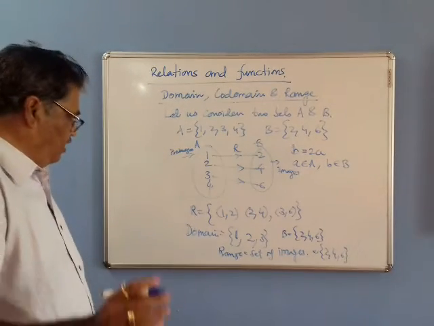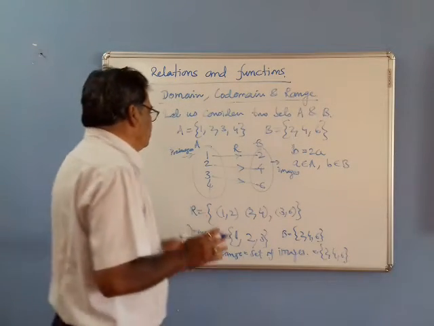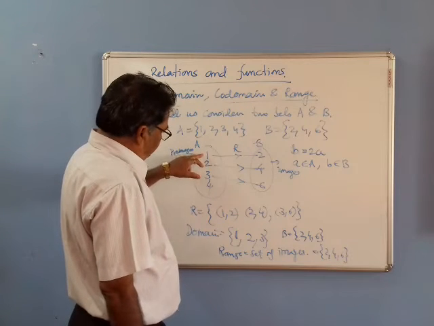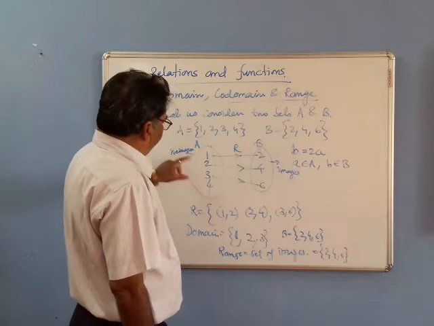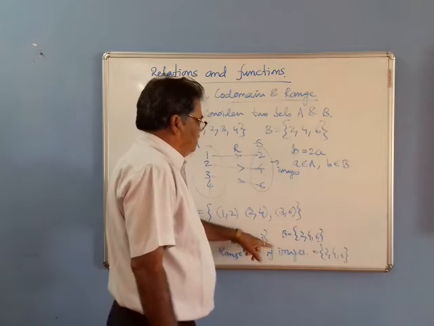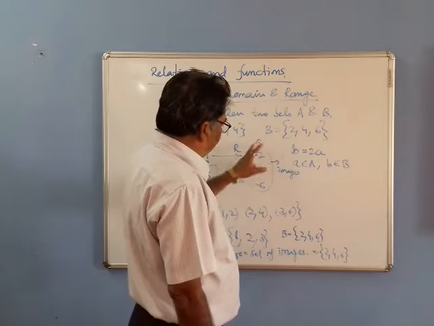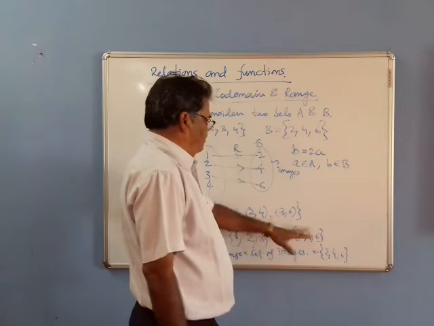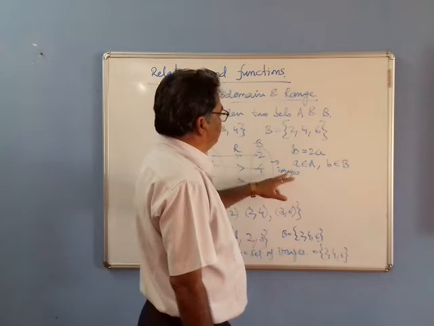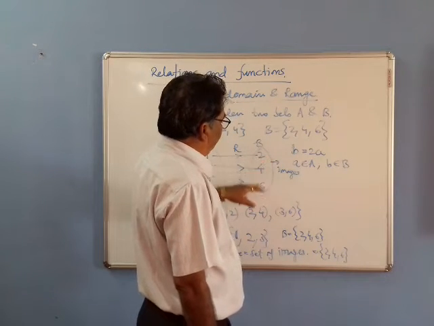Understand or not? What is meant by domain? Domain is the set of elements of pre-images. Codomain is all the elements of set B: 2, 4, 6. And range is the set of images only, those that are related.